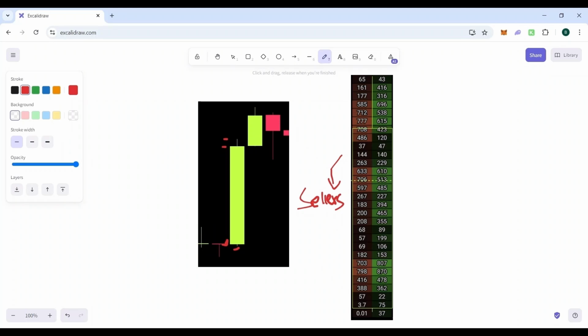But on the footprint chart here, the left side shows trades that already occurred at the bid price. In other words, the trades are seller initiated. Aggressive selling, it is the seller who initiated the trade, right?